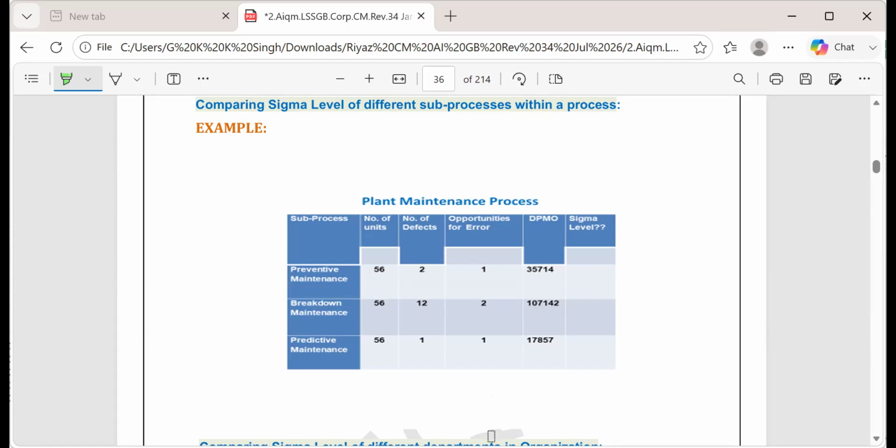So what are the sigma levels? Is 3.3 the first one? Preventive maintenance is 3.3, you said. It is 3.305.